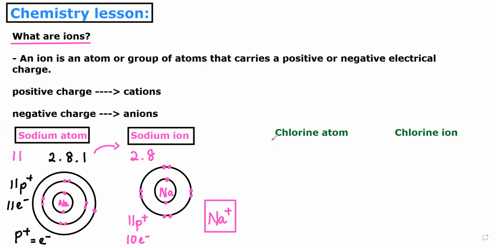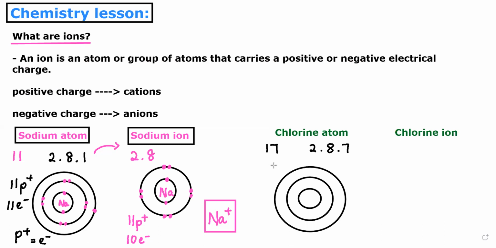When we are talking about chlorine atom, we know chlorine atomic number is 17, so 2, 8, and 7. Let's draw it here. This is how chlorine will go. We have 2, we have 8.